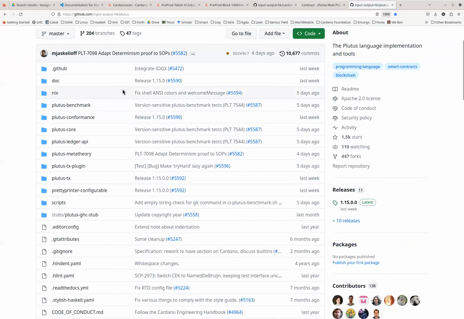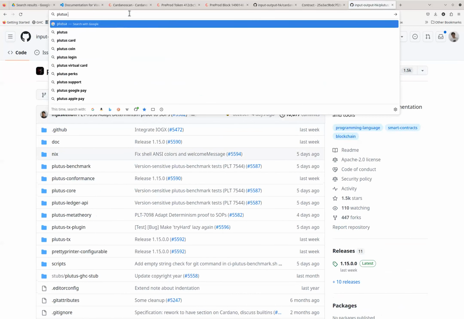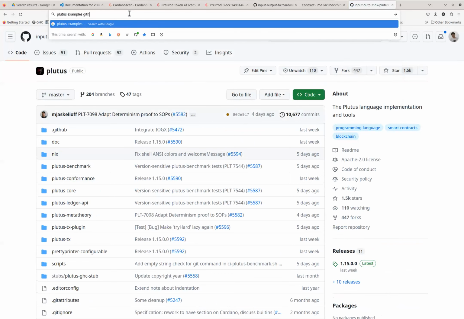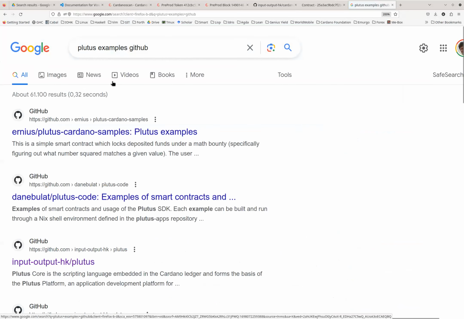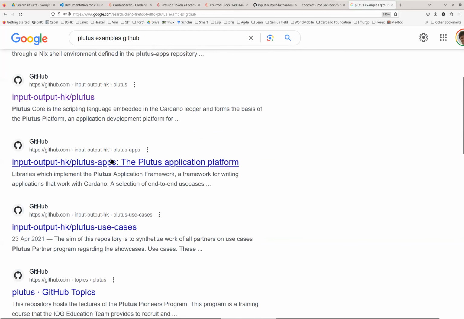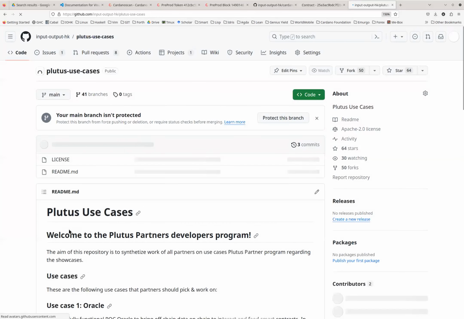Does anybody know whether they still have that, or maybe they put it into a different repo? I'm not sure. But there's a bunch of open source projects that have the contracts as well. Use cases, that's what I meant. Yeah, thanks, Karina.